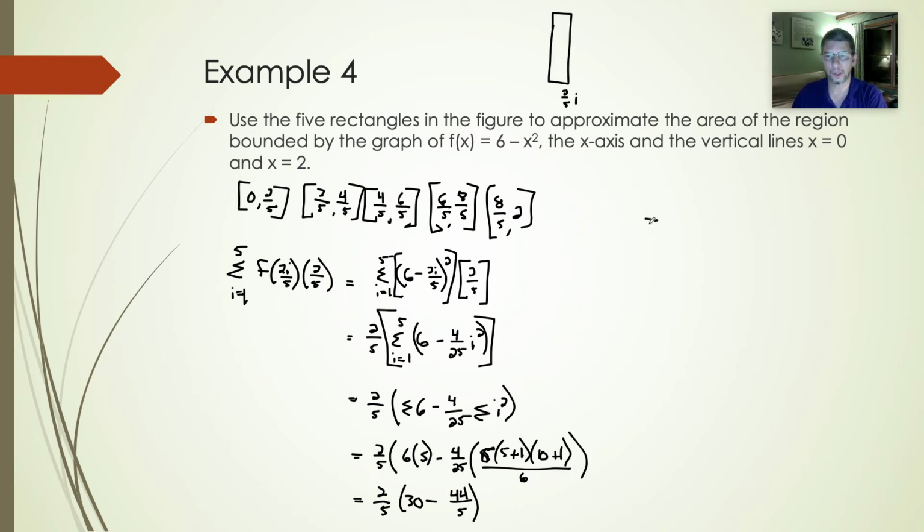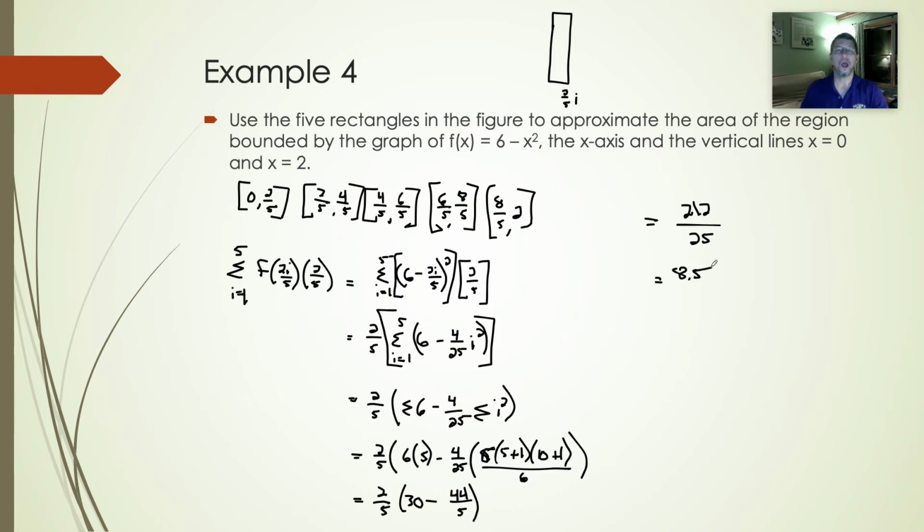So this is going to be equal to 212 over 25. Now, 25 goes into 200 8 times. So this is going to be a little over 8, almost 8.5. So I'm just going to call it 8.5 and call it a day.